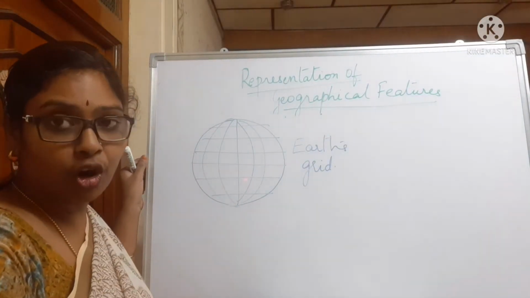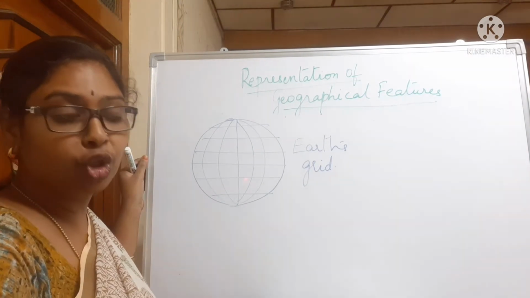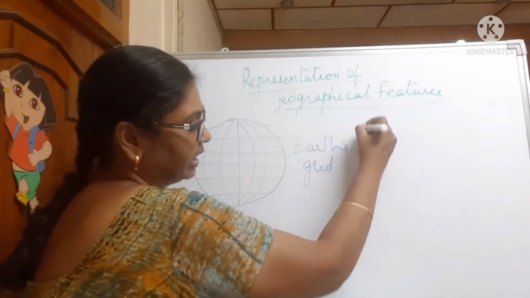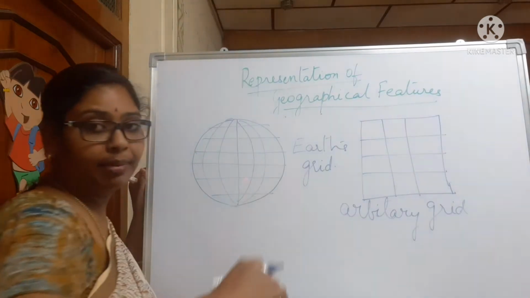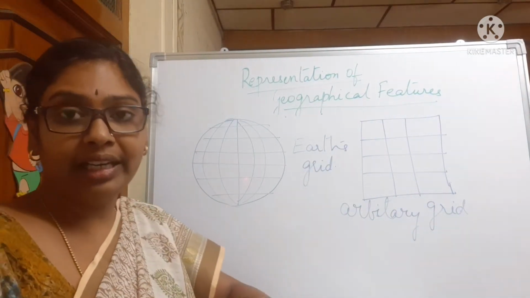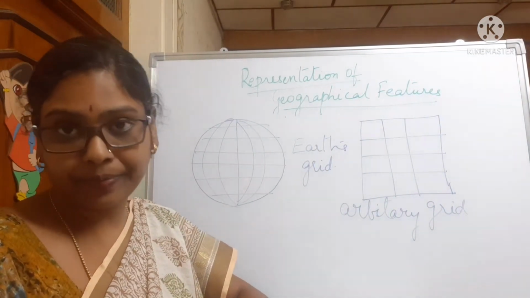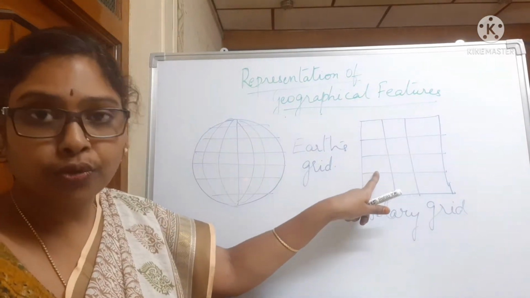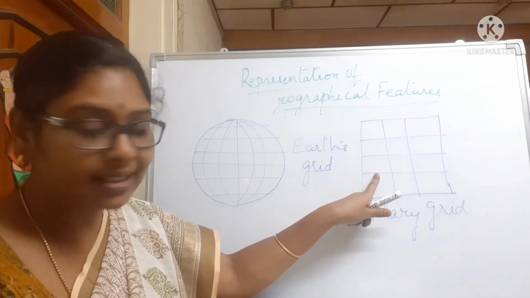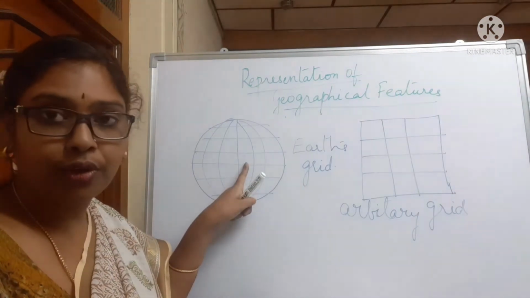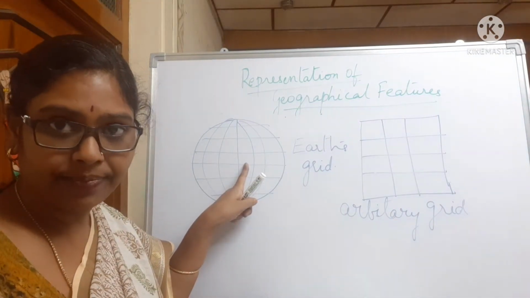Similarly, if it is drawn on a map, it is known as arbitrary grid system. This arbitrary grid system is generally represented in red color. This also is useful for the location of a place.